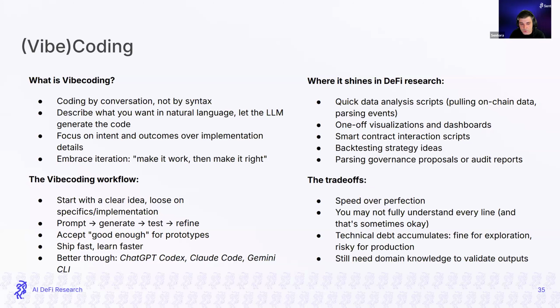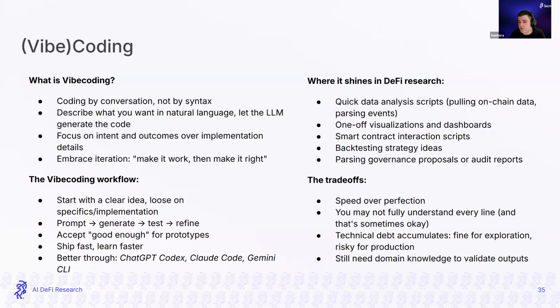But they just allow to interact with an LLM from a terminal and be able to have an output in a very fast way. So for anything related to data analysis on DeFi, pulling some scripts rapidly, getting on-chain data, parsing events, interacting with APIs is extremely helpful.